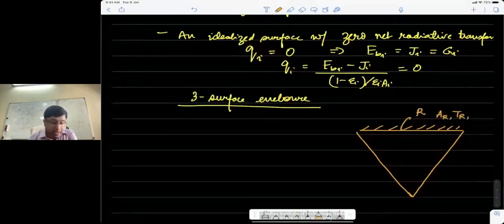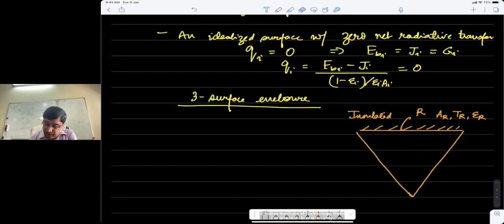Let's say its temperature is TR and emissivity is epsilon R. That is a re-radiating surface, so that is the reason I've shown it as insulated. It's insulated on the other side, not the side which is facing the radiation. But you can imagine that right behind that surface, you have somehow created an insulating layer.